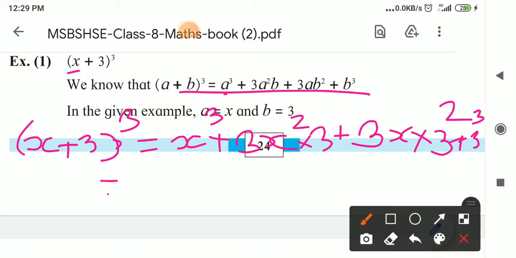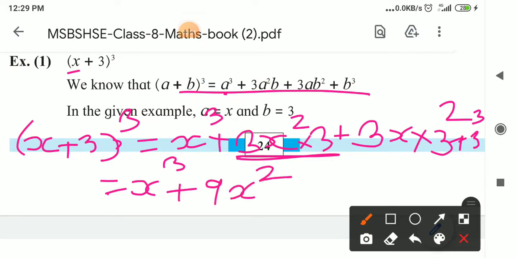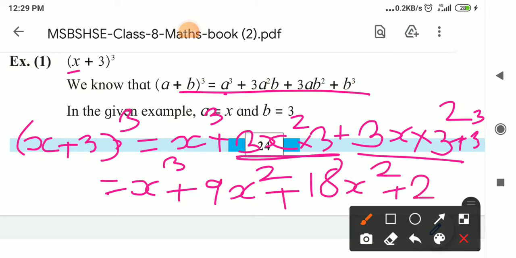Now let us solve the example. So x cube, plus, 3 3s are 9x square. And 3 square is 9, and 9 3s are 18, plus 18x, and 3 cube is 27.